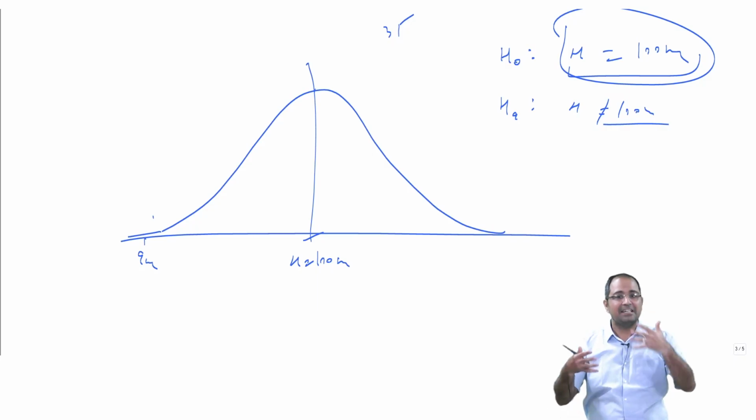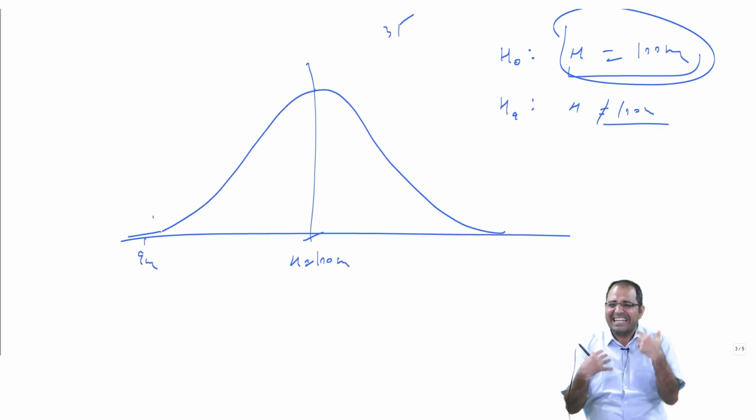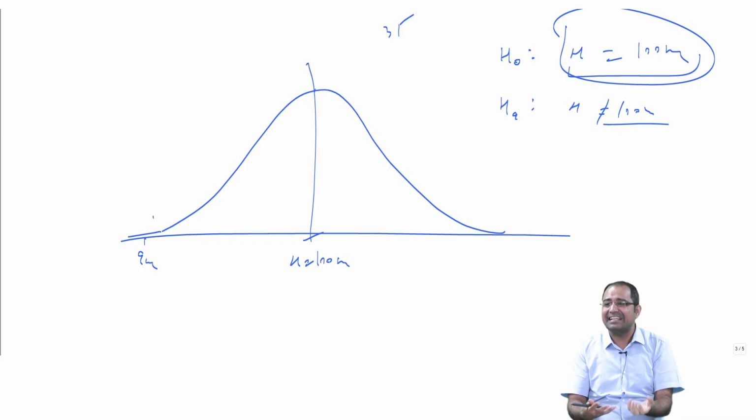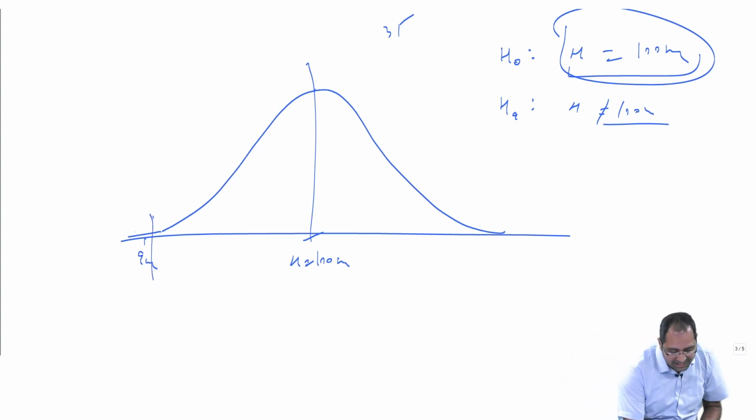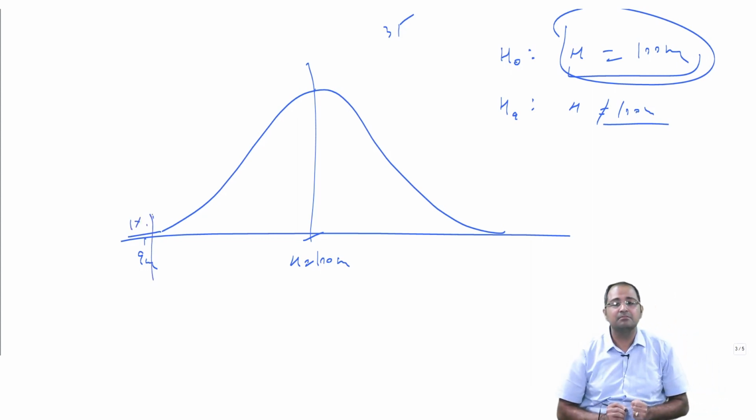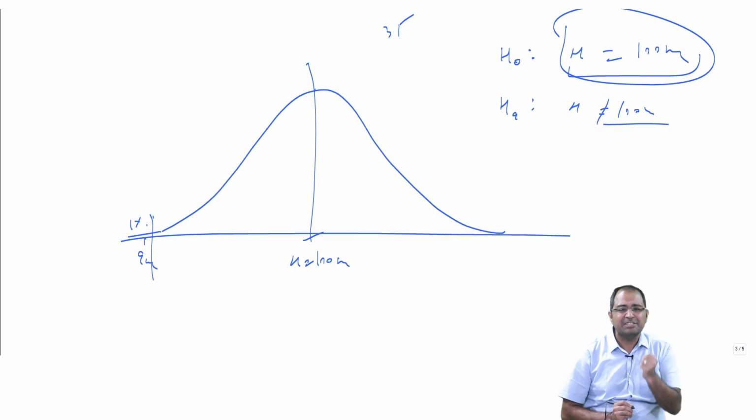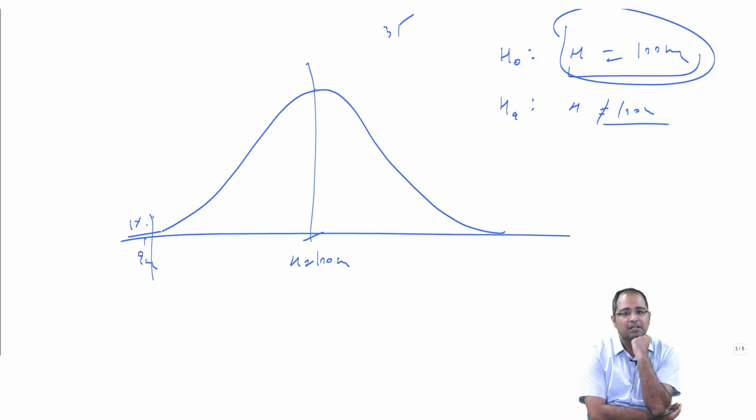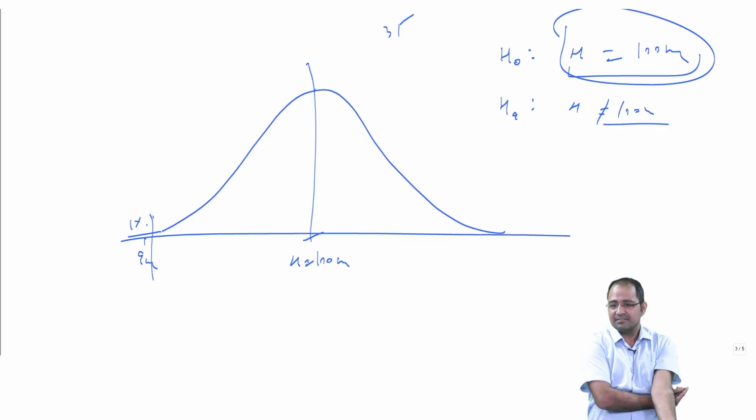If the mean height is 100 meter, how unlikely is it for me to select a sample with a mean height of 9 meter? If I see it is 1%, which means there is only a 1% chance that you select such a sample. It is so unlikely, and you cannot be so unlucky that you get that particular sample, right?